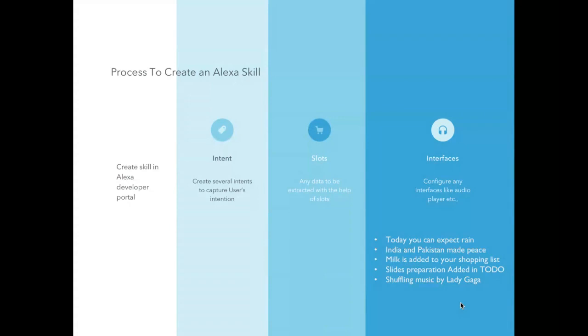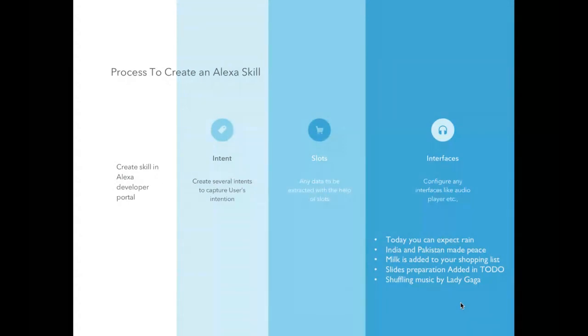But say, for example, we may have to play music, or play some audio, or some other thing may have to be displayed along with audio. So that's what interfaces are. Along with the textual information that we want to play as text or as audio, we may also want to play some music or something like that. So that's when we can configure different kinds of interfaces.